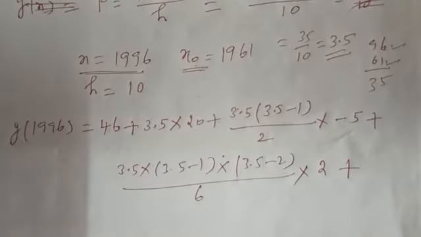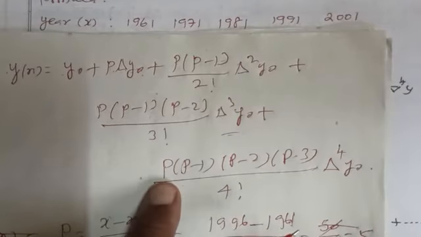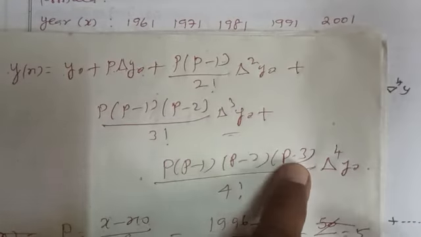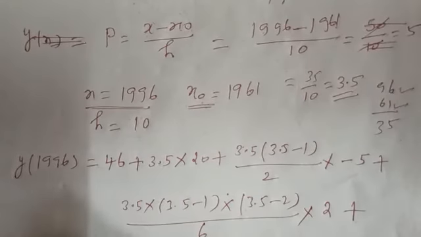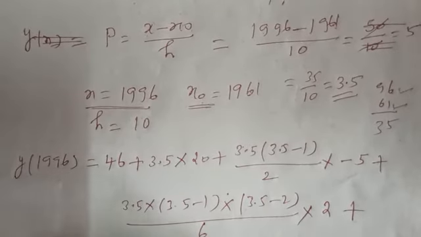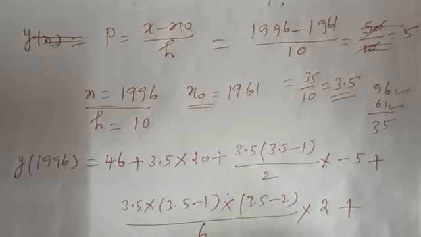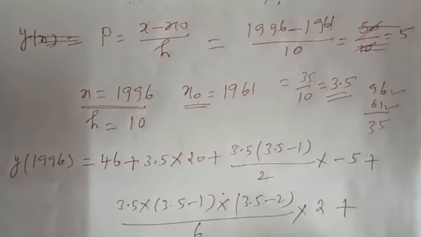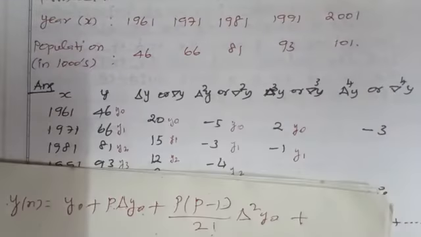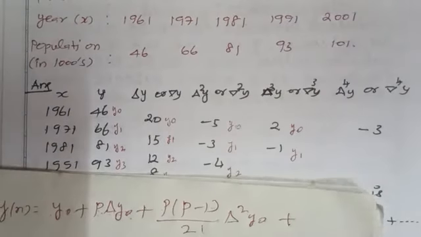Plus p into p minus 1, p minus 2, p minus 3, divided by 4 factorial into delta power 4 y naught: 3.5 into 3.5 minus 1 into 3.5 minus 2 into 3.5 minus 3, divided by 4 factorial, which is 24, into delta power 4 y naught, whose value is minus 3.